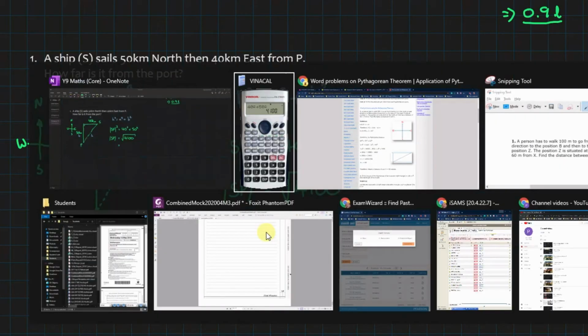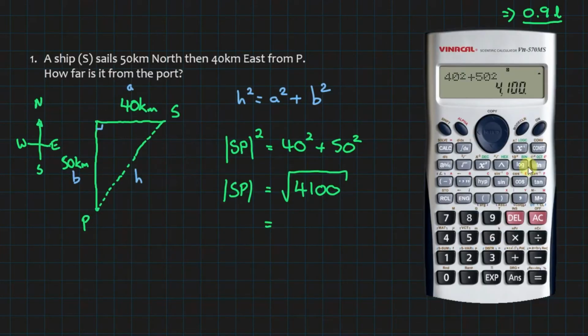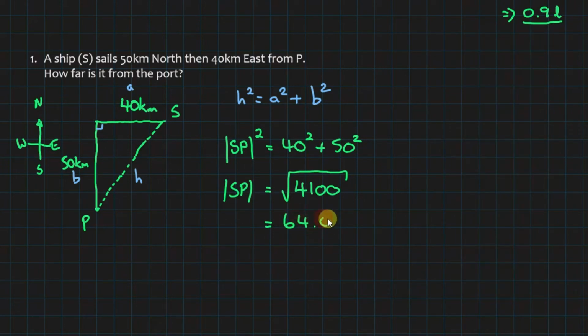Square root is the opposite of squaring. So do the square root of my answer, and that gives me 64.031 kilometres. That's actually 64 kilometres and 31 metres. For most questions like this, one decimal place would be sufficient.